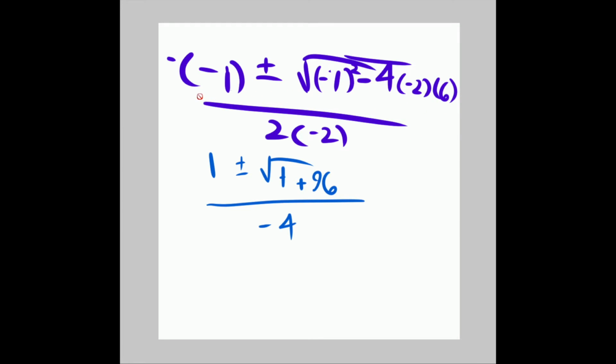When you multiply it all out, we'll receive positive 1 plus or minus the square root of 1 plus 48, all over negative 4. Next, we will add what is in the square root, which equals 49.